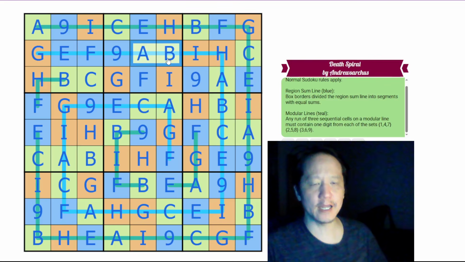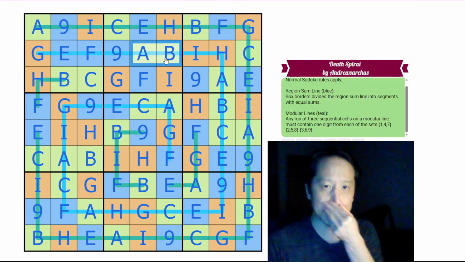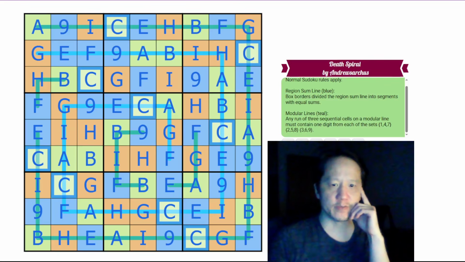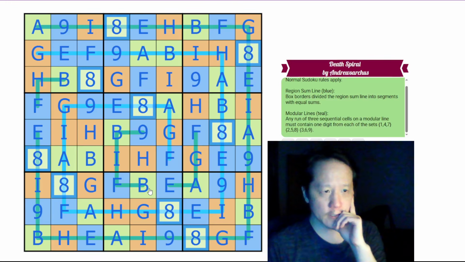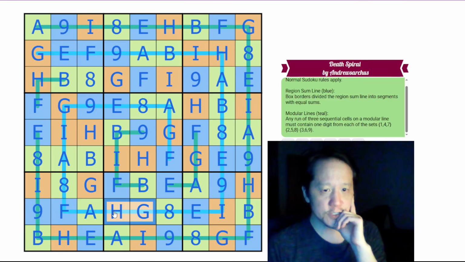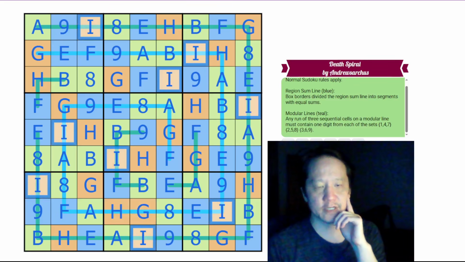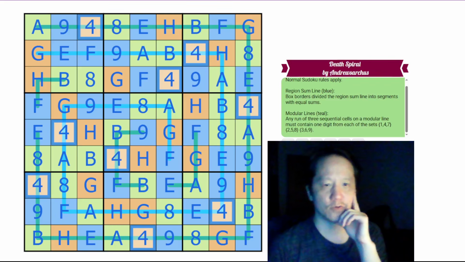So A and B would have to be 2 and 5, which means C would have to be 8. Okay. G and H would have to be 1 and 7 to add up to 16, so I would be 4.